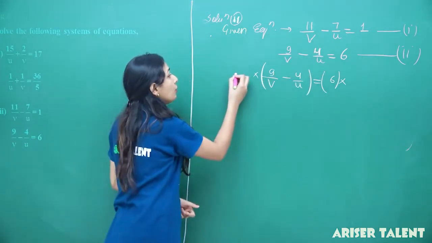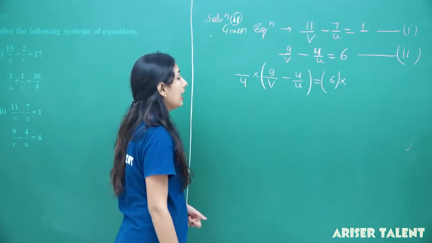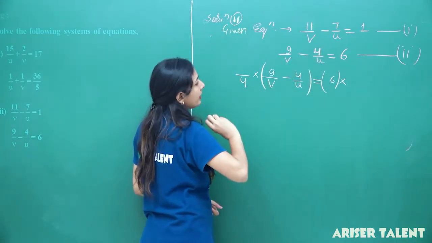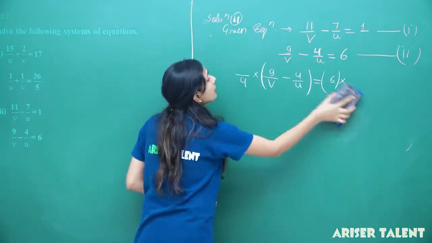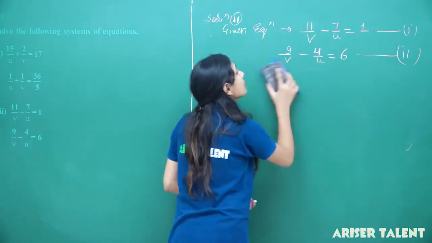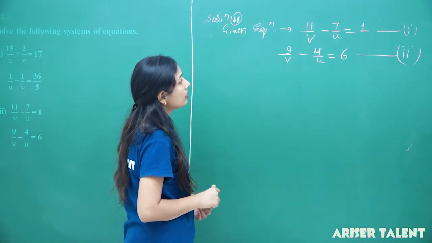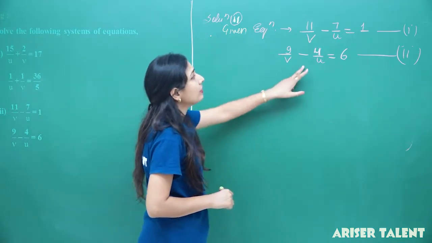So what will I do? Divide by 4, right? And if I have to take this 4 here, what else I can do is, should I multiply it by 2? That will become 8.